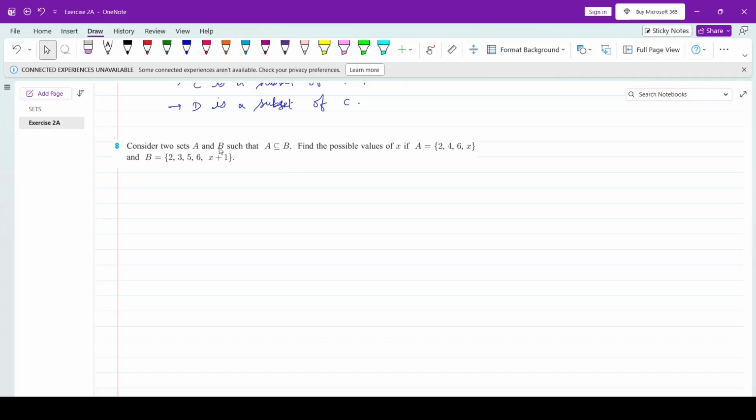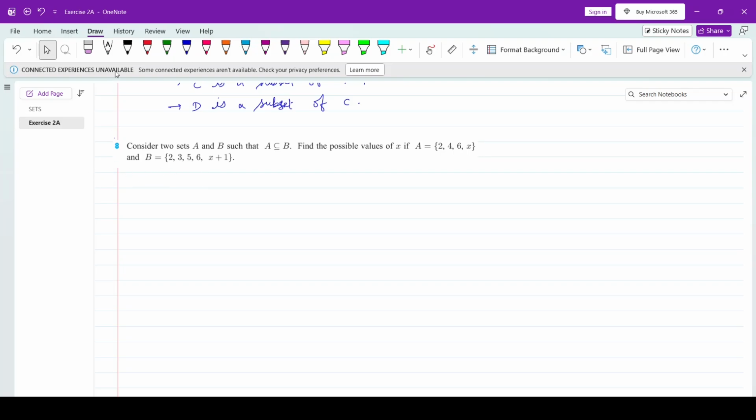Consider two sets A and B such that A is a subset of B. Find the possible values of x if A is equal to {2, 4, 6, x}, and B is equal to {2, 3, 5, 6, x+1}.